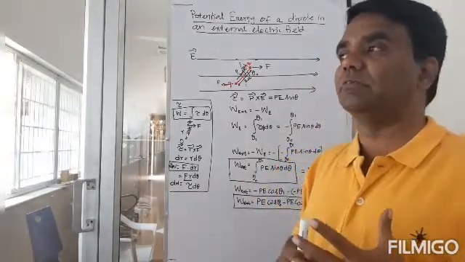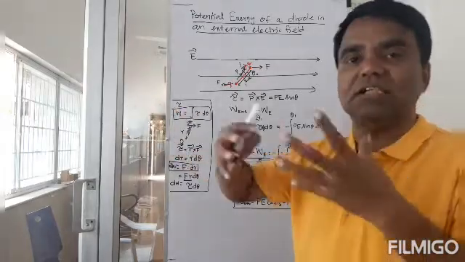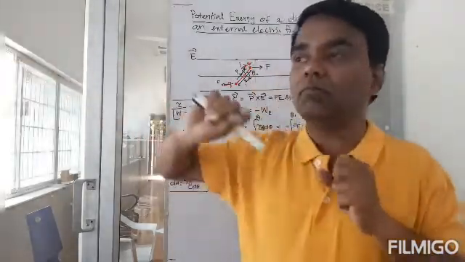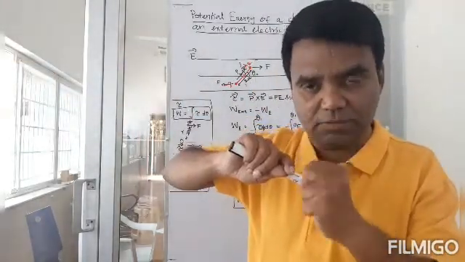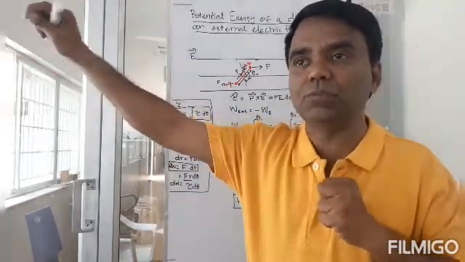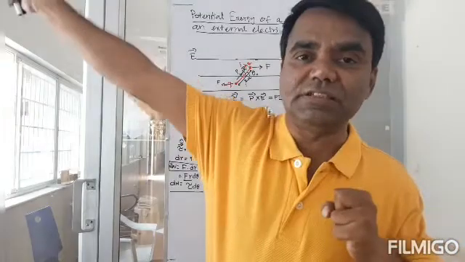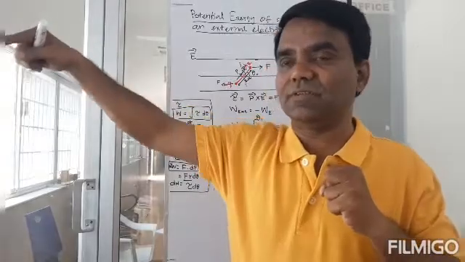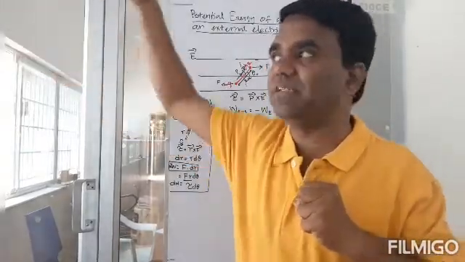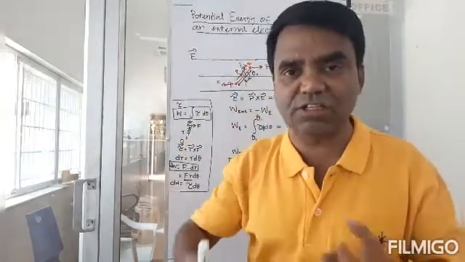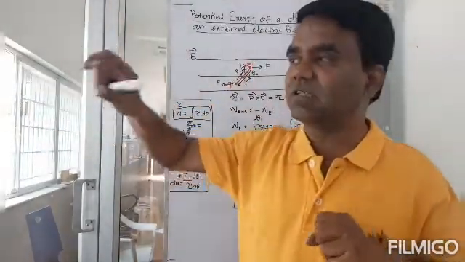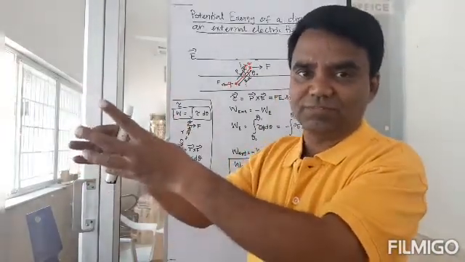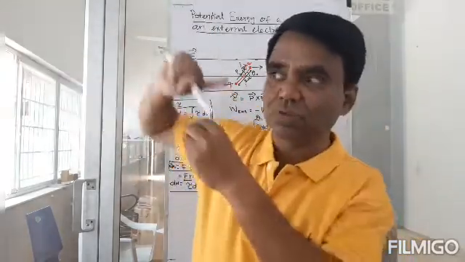If you remember, when we talked about a single charge or a system of charges, and tried to find the potential due to that system of charges at a particular point, we said that at infinity the potential energy will be 0, and then you brought a unit positive charge from infinity to this position, and at that position it will have some potential energy value. So the reference point was infinity. You took that as 0.